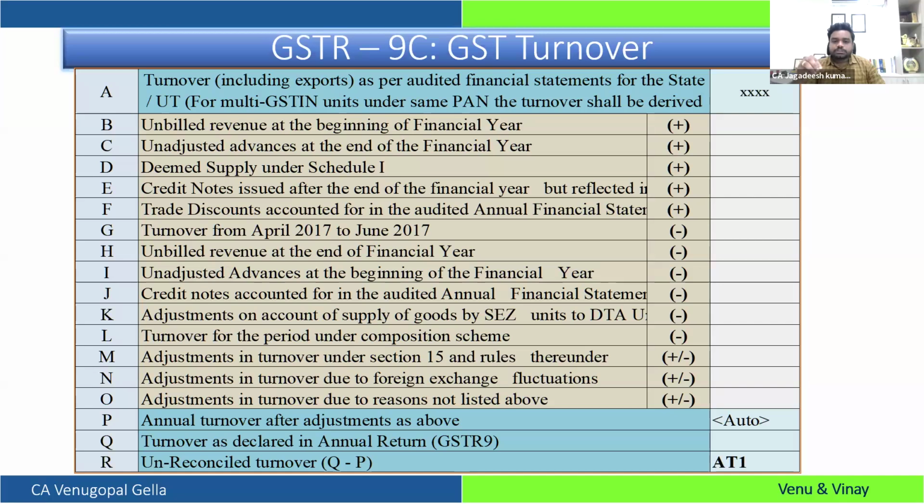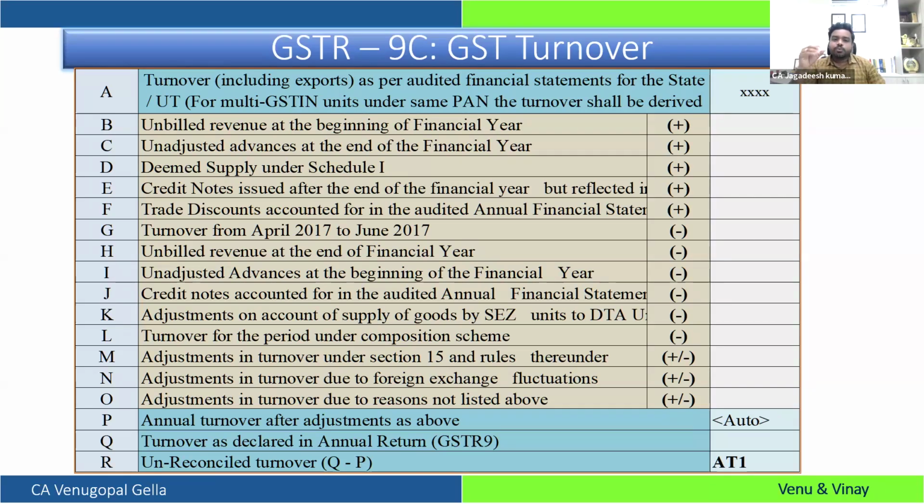Obviously, your books turnover, your GST turnover, and your income tax turnover will not match, because GST is driven by time of supply provisions, whereas your financial statements are prepared based on applicable accounting standards and GAAP, generally accepted accounting principles. So because of various reasons, your books turnover and your GST turnover will never match. Only in rare cases, for some taxpayers, will it match.